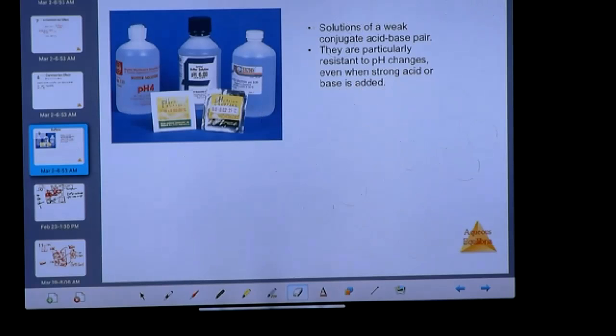They are particularly resistant to pH changes, even when strong acid or base is added. Buffers at first can have some pretty complicated math, but in the long run, they're really not. There's an equation we'll talk about pretty quickly that makes it so much easier.